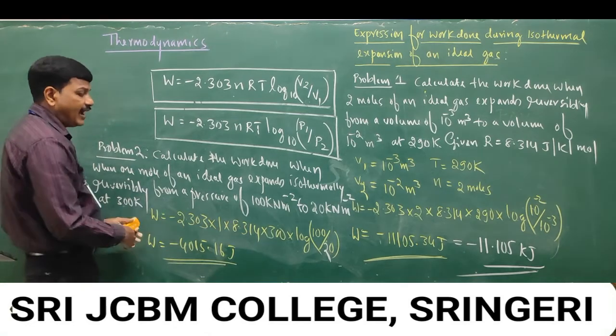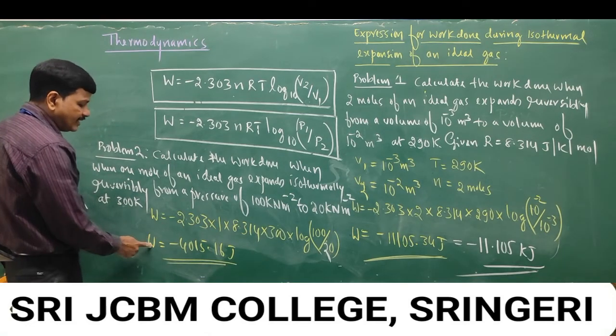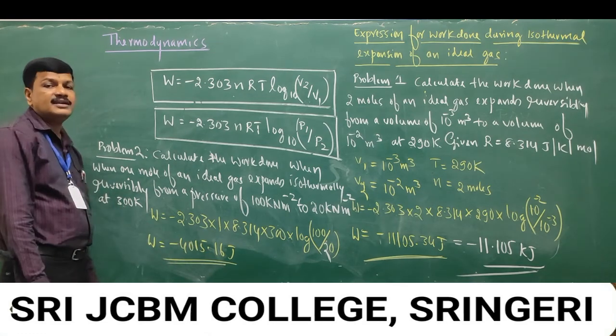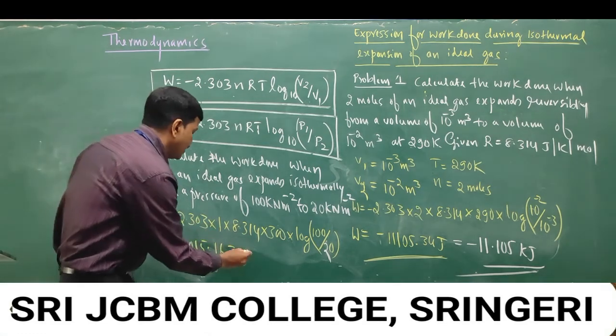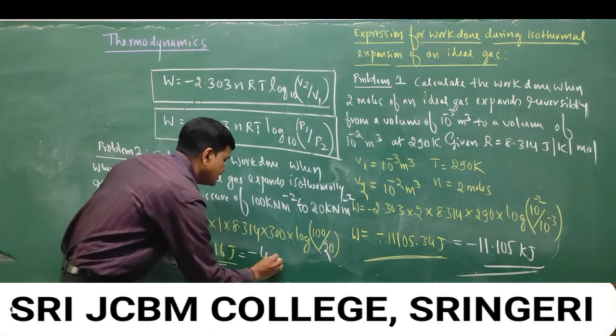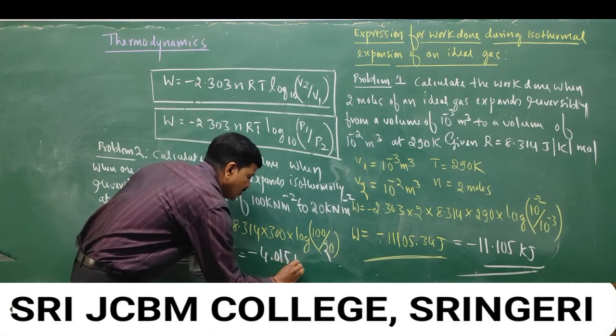On substituting and simplification, you will get W is equal to minus 4015.16 joule, or in terms of kilojoule, minus 4.015 kilojoule.